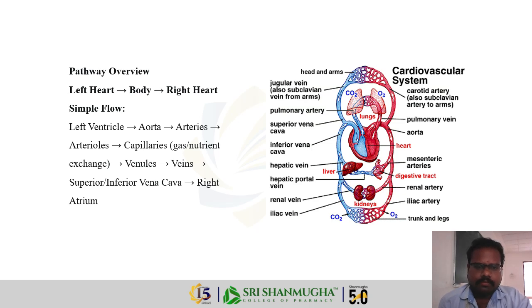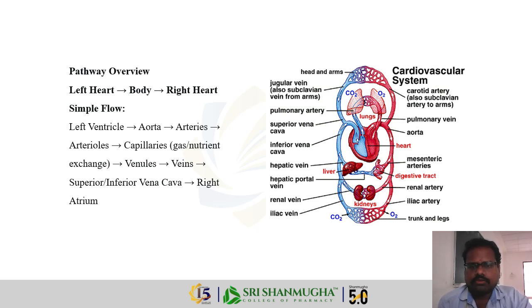Then after the tissues utilize the oxygen, the deoxygenated blood comes back to the venules, the smallest veins in the body, then into the veins, then to the superior and inferior vena cava just before the heart. Then it goes into the right atrium. So this is the entire pathway.